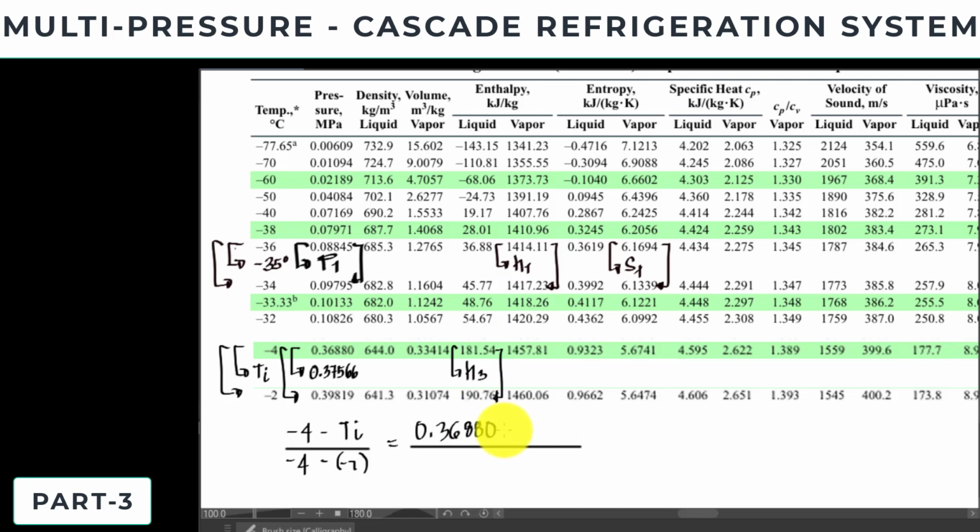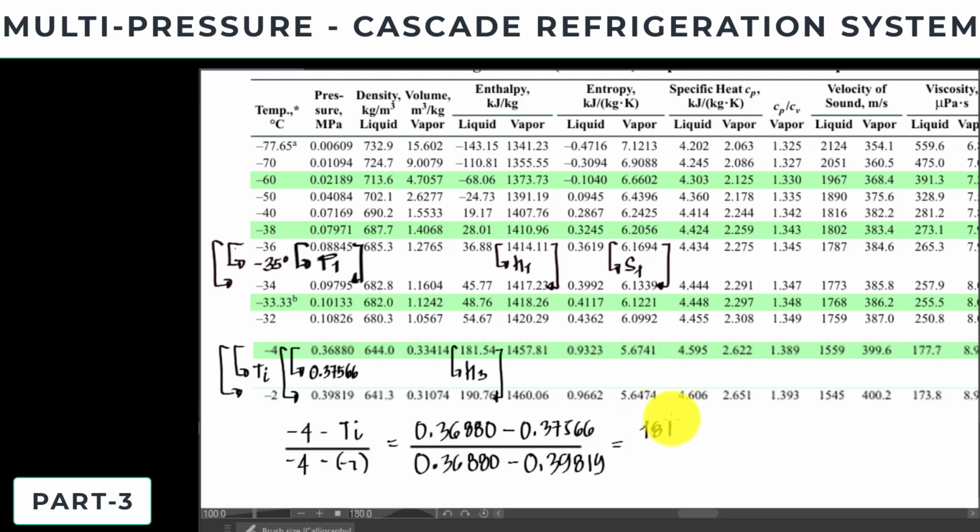Okay, and it will be minus my 0.37566. Then sa ilalim we have 0.36880 minus value na ito, that would be 0.39819, and equating this one sa value ng enthalpy.